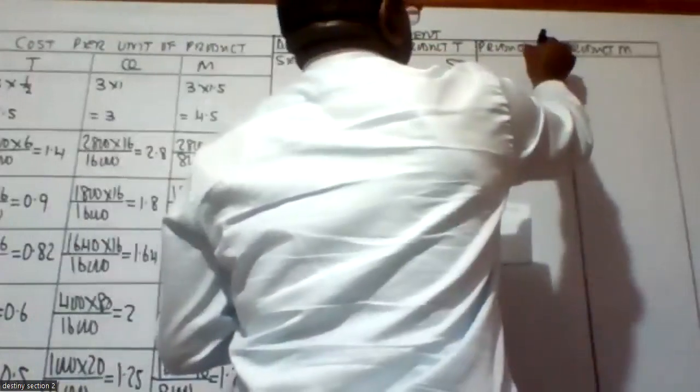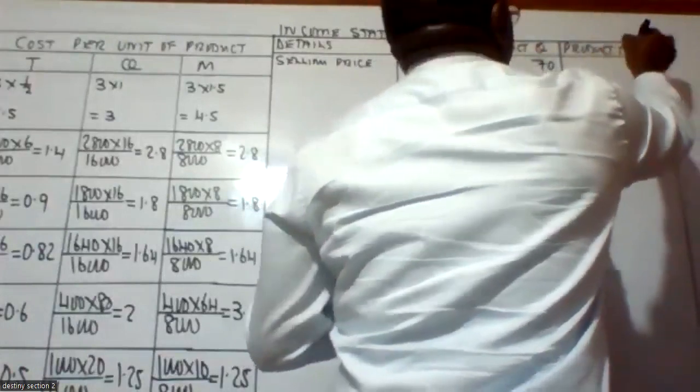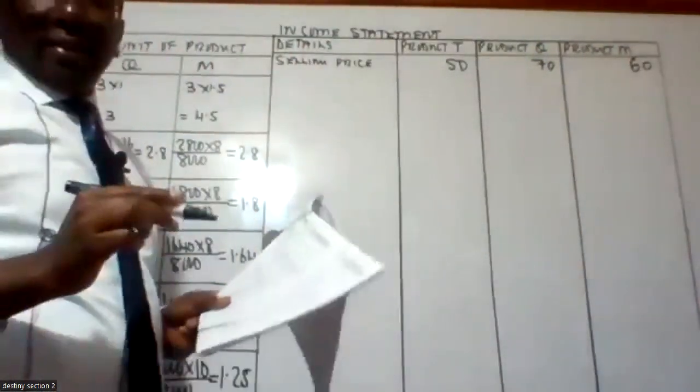For Q, it is 70. And this one is 60. Those are the selling prices.